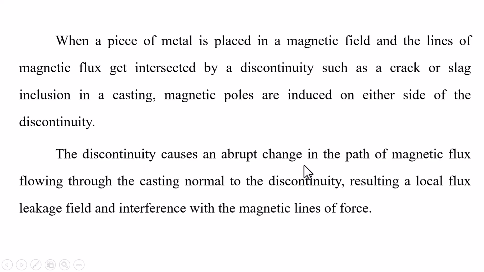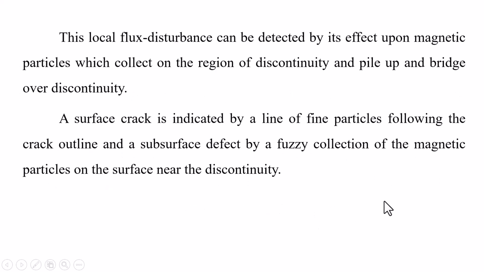The discontinuity causes an abrupt change in the path of magnetic flux flowing through the casting normal to the discontinuity, resulting in a local flux leakage field and interference with the magnetic lines of force.